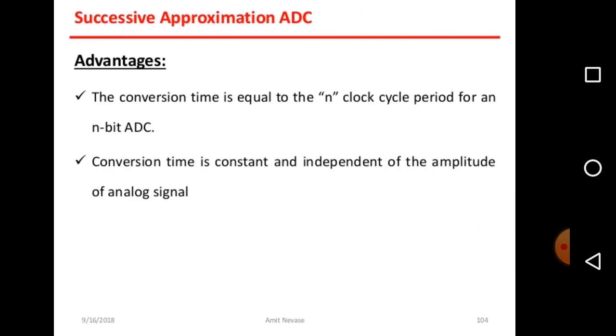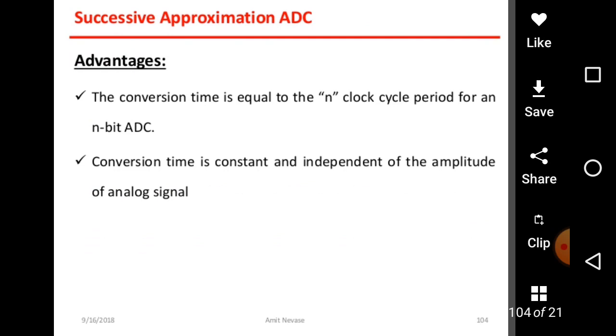Then what are the advantages of successive approximation ADC? The conversion time is equal to n clock cycle periods for an n bit ADC. Conversion time is constant and independent of the amplitude of the analog signal.